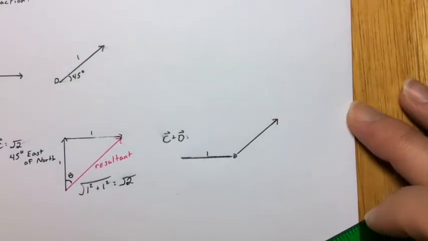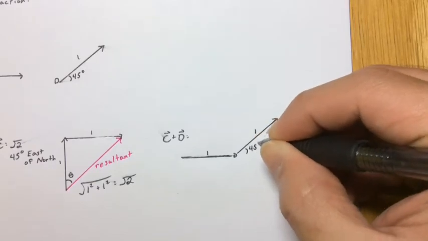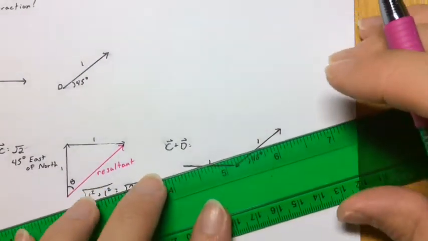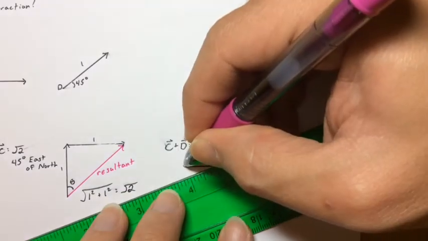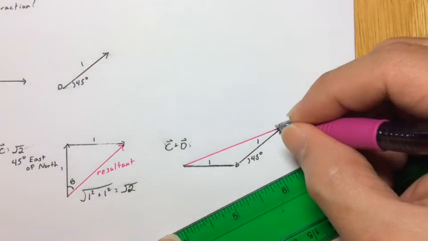So here's vector D, and it's 1 long at 45 degrees above the horizontal. Now, what's the result of this? It's not 2. The result of this is actually going to be what you get from the beginning all the way to the end, like so.